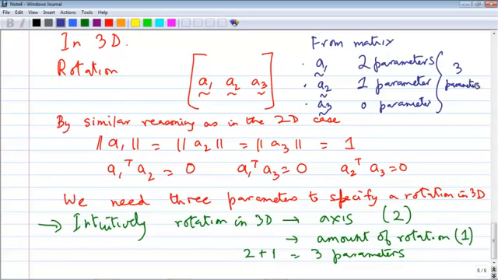So this algebraic way of looking at the columns of the orthogonal matrix, using the fact that the columns must be orthonormal, gives us the same count: 3 parameters are needed for specifying a rotation matrix. And I got exactly the same count when I considered that any rotation has to be specified by an axis and an amount of rotation. In the next lecture, we'll continue with how we can specify rotations in a convenient way in 3 dimensions.